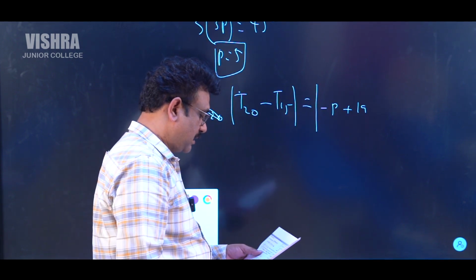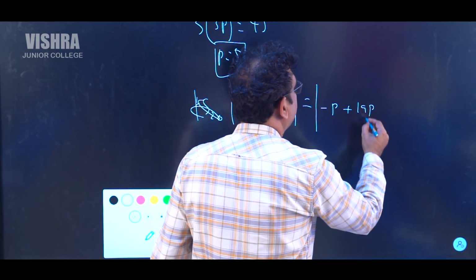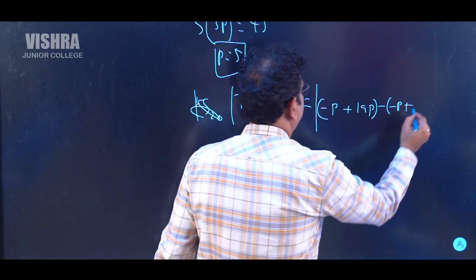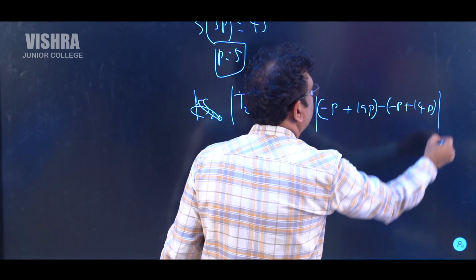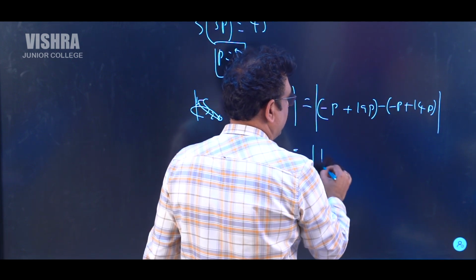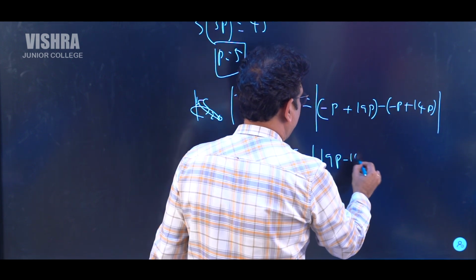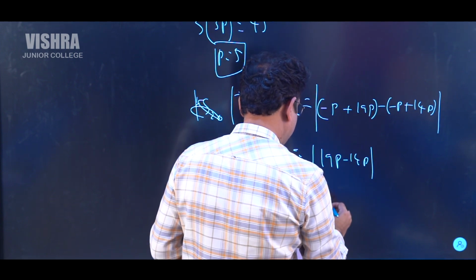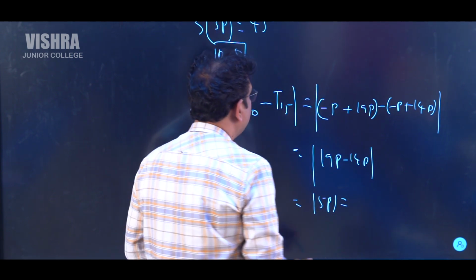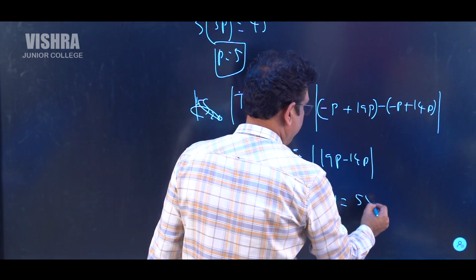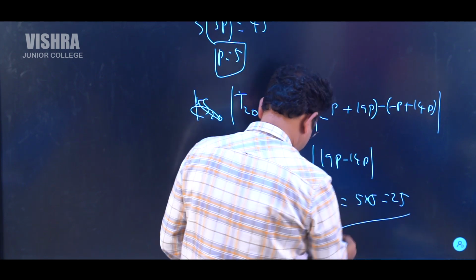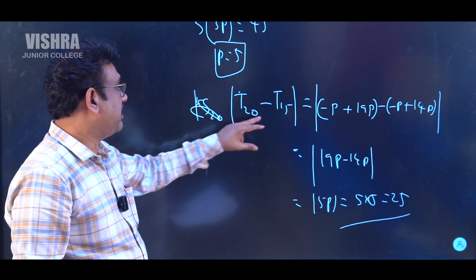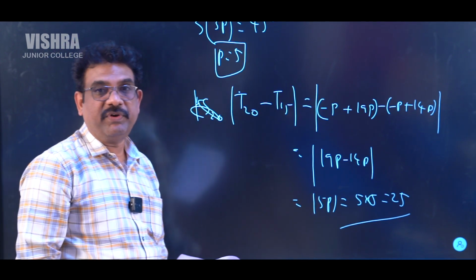That is equal to P. 19p minus 14p, that is equal to 5p. What is the value of P? 5 into 5 is equal to 25. So the difference T20 minus T15 is equal to the answer 15.